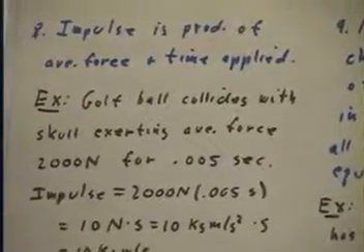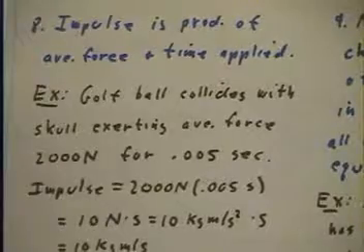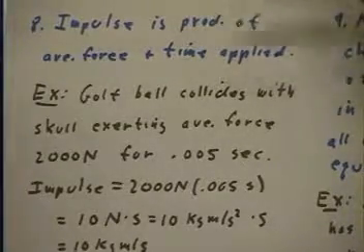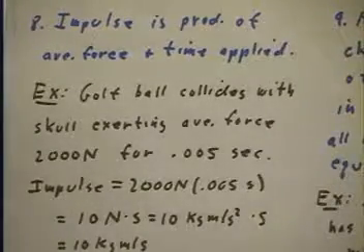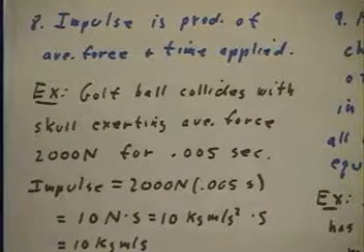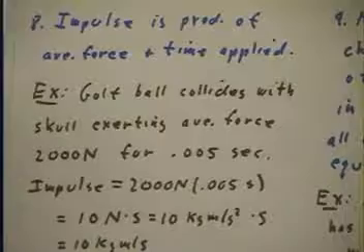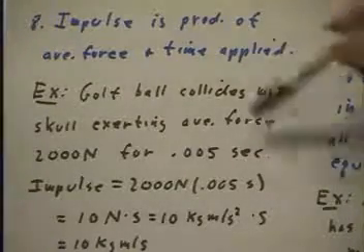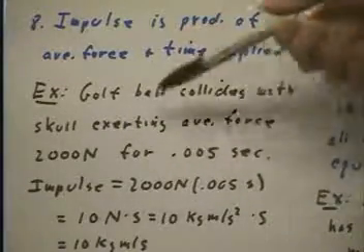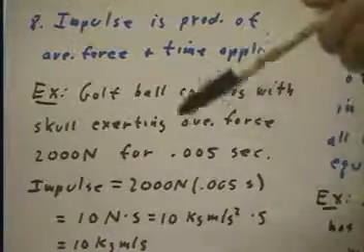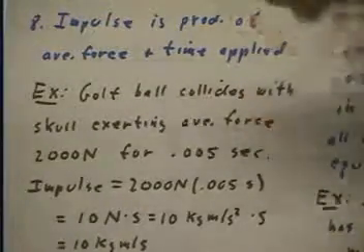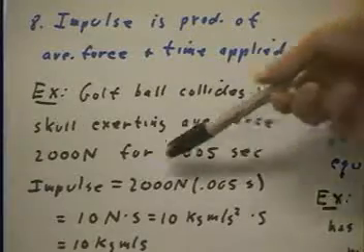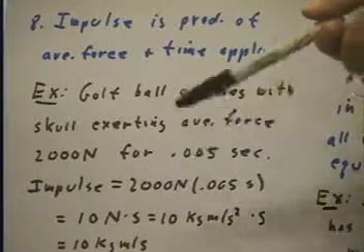Okay. Impulse. What's impulse? Impulse is the product of an average force and the time through which that average force is applied. For example, if a golf ball collides with somebody's skull, and that usually does only painful but not serious damage, although it can be serious, we get an average force of 2,000 newtons possibly.